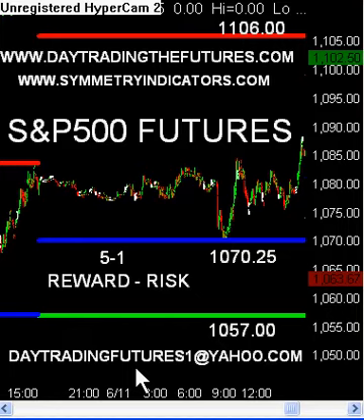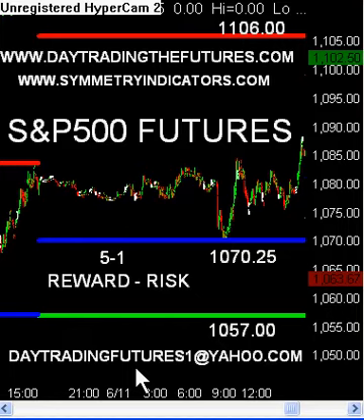So let me show you how we get a 5-to-1 risk to reward ratio. What separates us from all the other day trading rooms and from all the standard indicators like the MACD, the RSI, stochastics, all the stuff that everybody has, is these levels. What I found out over the past 20 years of trading the markets is that you really need to be trading with the hedge funds and the institutions.